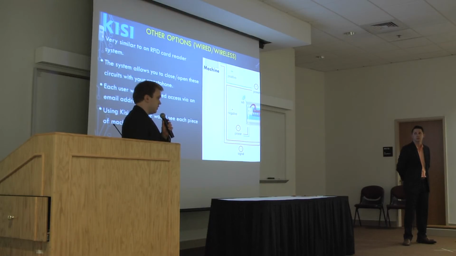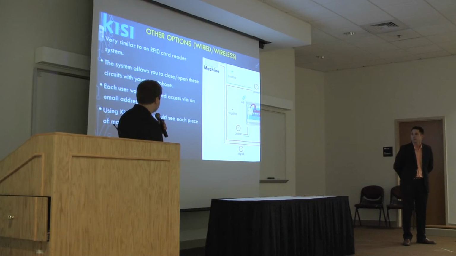Users would be given access through an email, and they would then register on the Kisi application or on the website to use the equipment. The diagram is a little cut off, but it's about the same as the wired connection, because we would have to have control panels installed in the server room, and you would still have a reader installed in the equipment, but like I said, the cell phone is replacing the actual card.